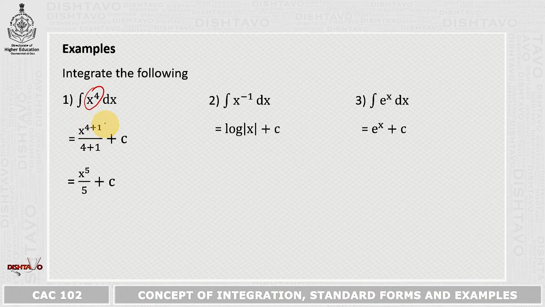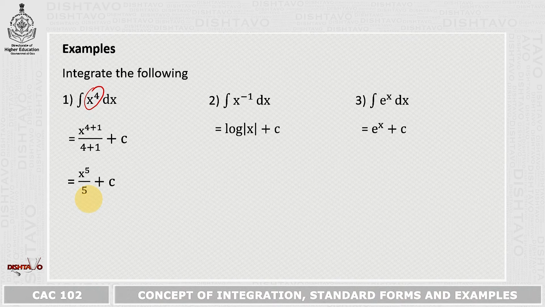Whatever you write in the power, you repeat the same thing in the denominator. And you have to add this c, as I told you all that for the final part we add c to avoid any discrepancies. So, if I write this properly, 4 plus 1 will give me 5, and in the denominator I will also get 5. So, this is the first solution.